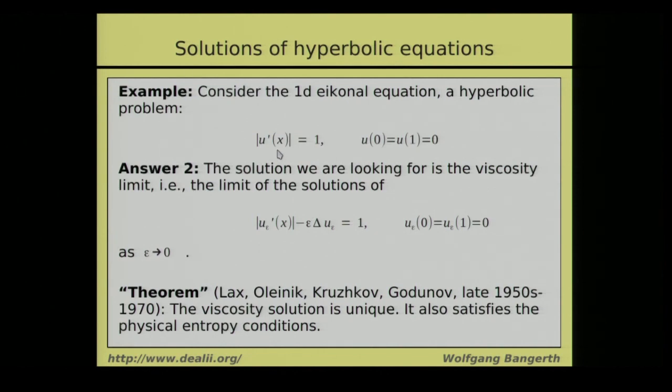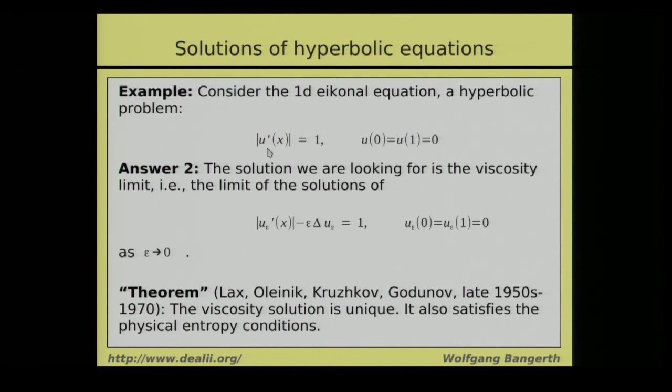And furthermore, lo and behold, the limit of these u epsilon, I call this the viscosity solution. So not only is it unique, but it also satisfies the physical entropy conditions that I want to pose up here.